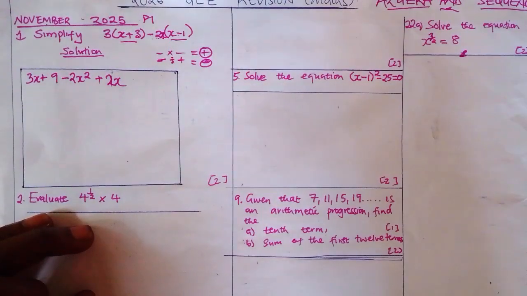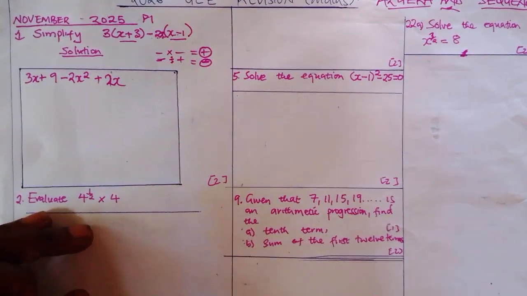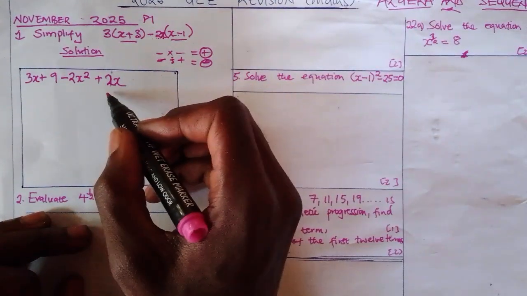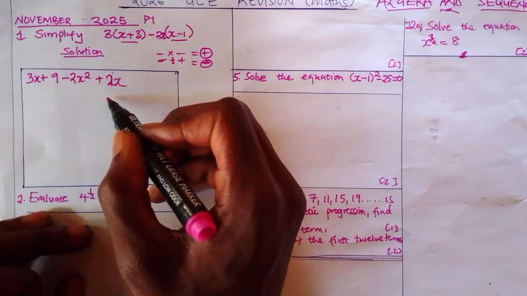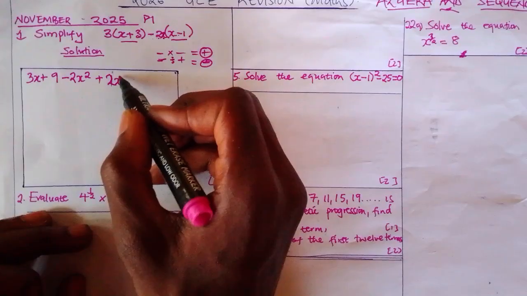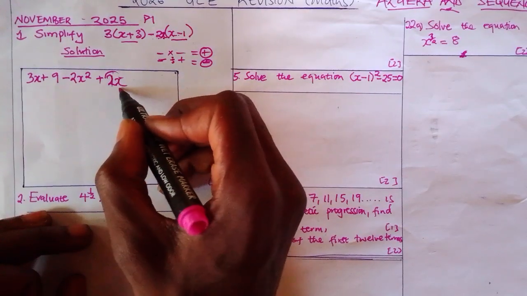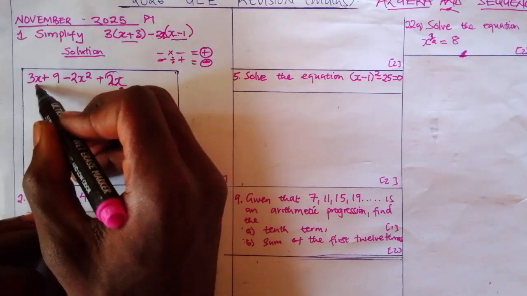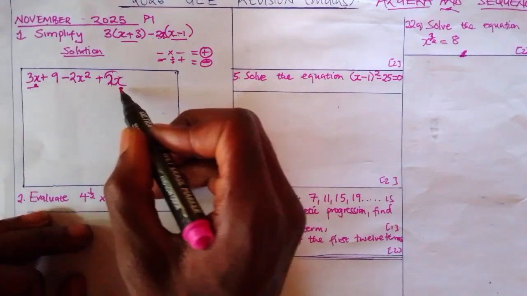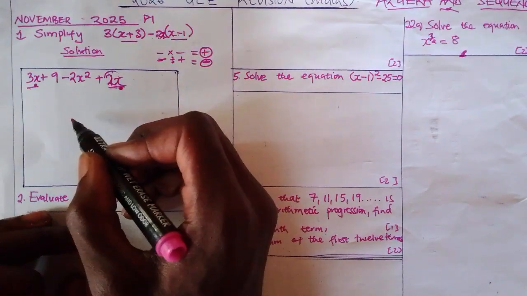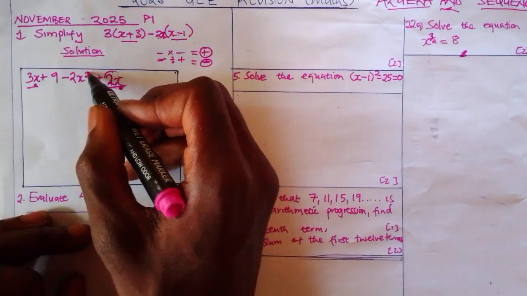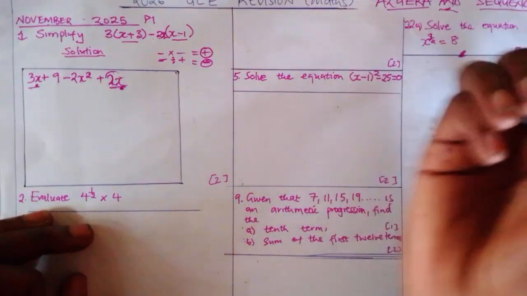Step 2, group the like terms. So what are the like terms? We can see that we have 3x here and also 2x here, meaning these two are like terms. We have x squared, but we don't have another x squared.